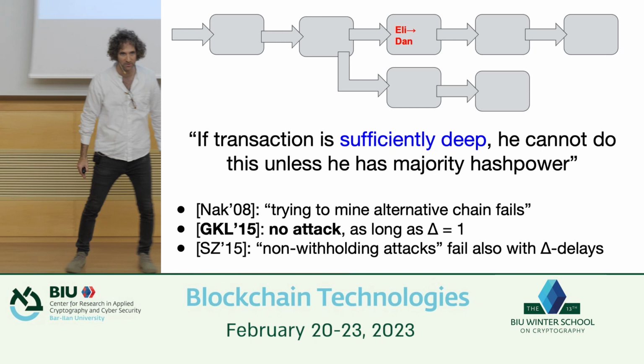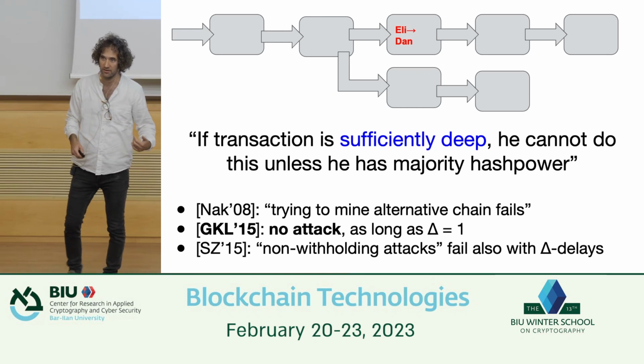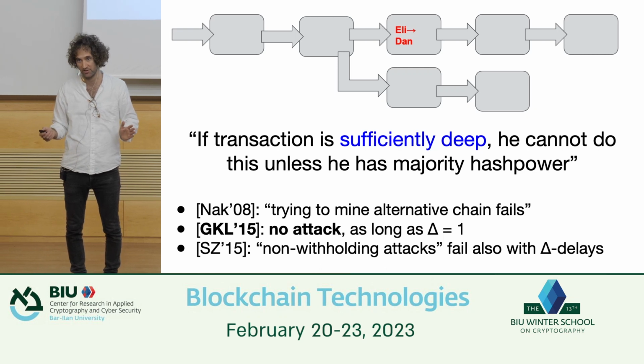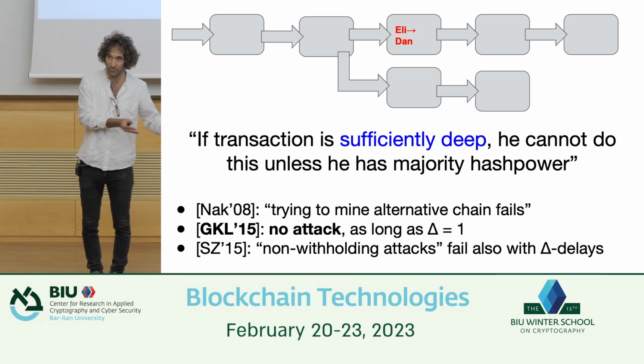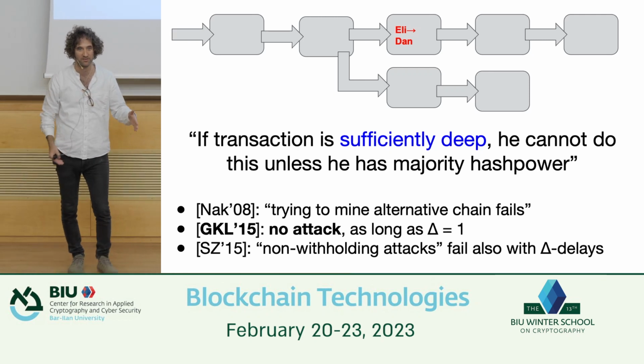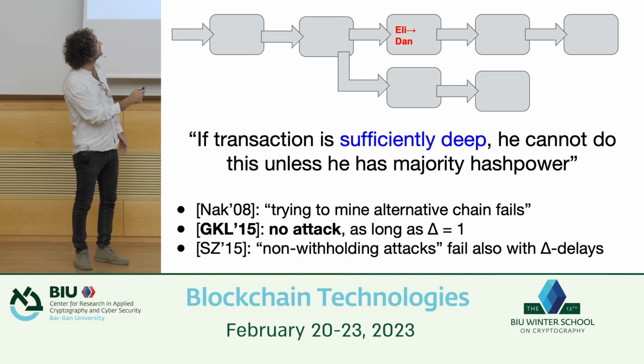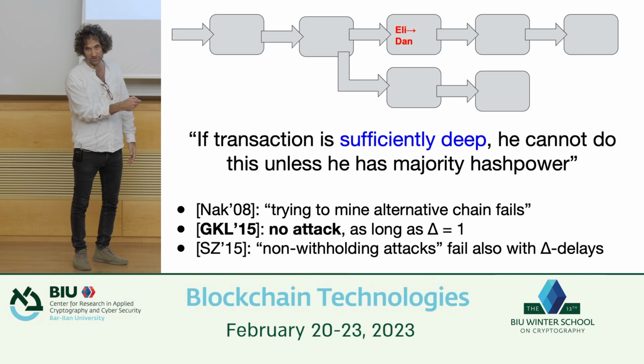Just mining a separate chain is not going to help you unless the attacker has more than 50% of the computational power. Clearly, if I have 50% of the computational power, then I can always just, with my speed car, go faster than everybody else. But if I have less than 50%, then this chain on top here is going to go faster because the good guys are going to be here, and I will never catch up again.